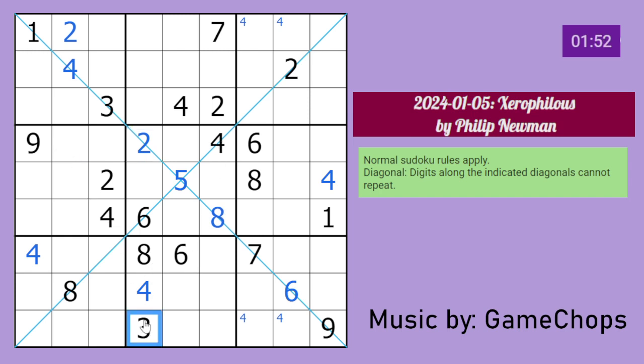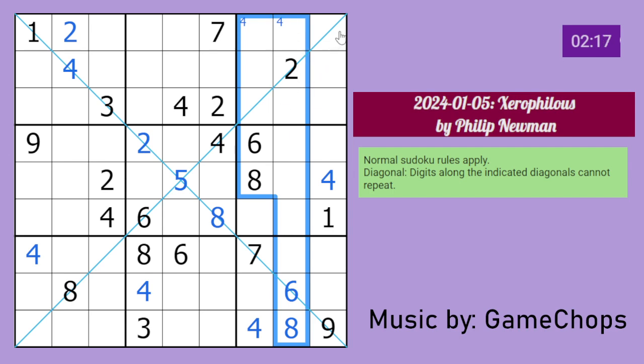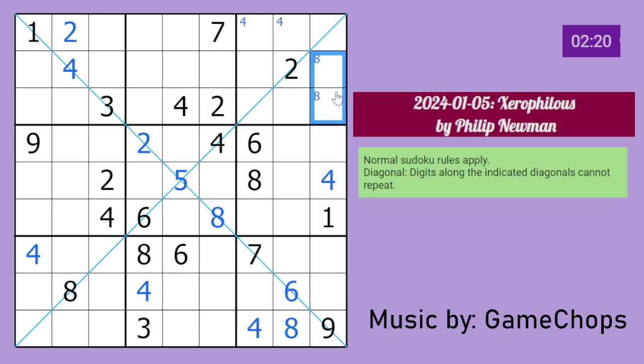Let's see, 3. Okay, yeah, these remaining cells are the rest of the odd digits. 8s maybe? Yes, 8s here and 8s here. Put an 8 into one of these cells, forming a pair. Oh, this 8 actually resolves that. What else do we have? 8 can't be here by this 8 in the diagonal, so 8 is in one of those cells.